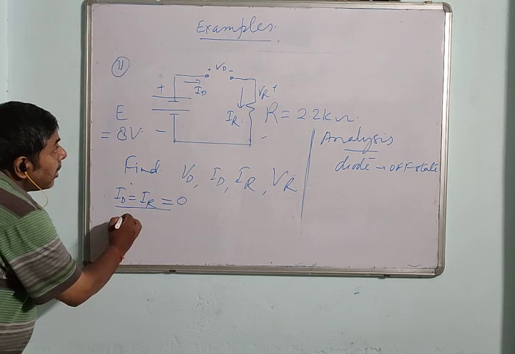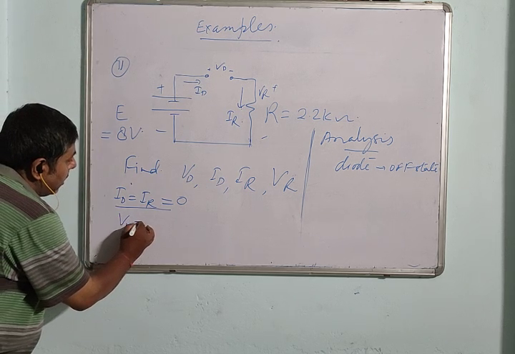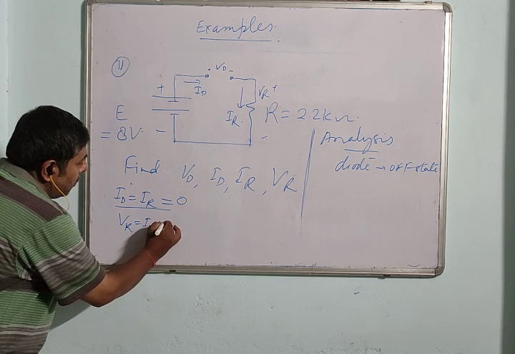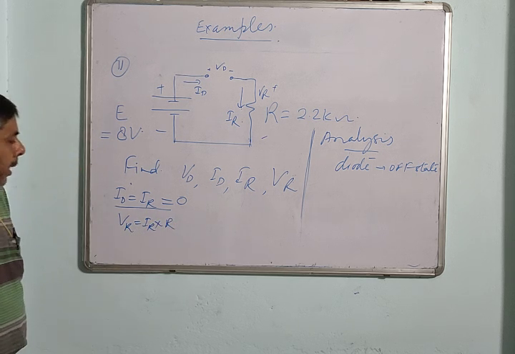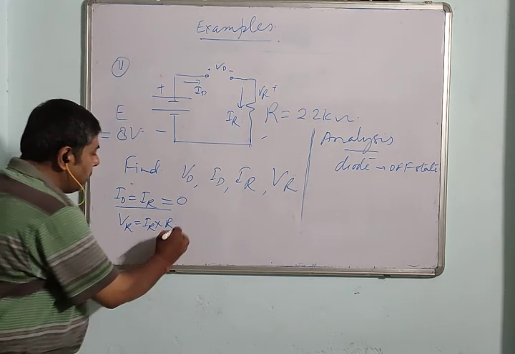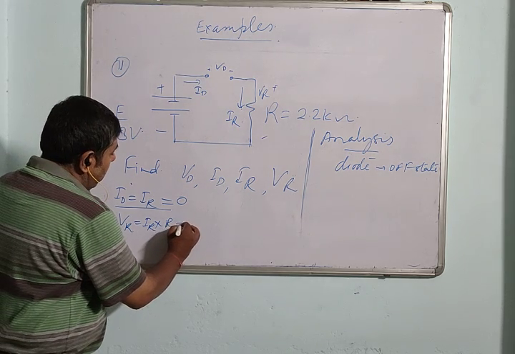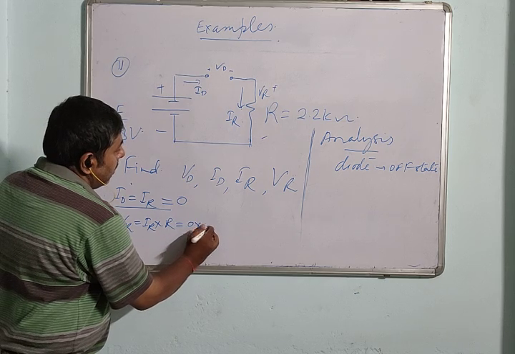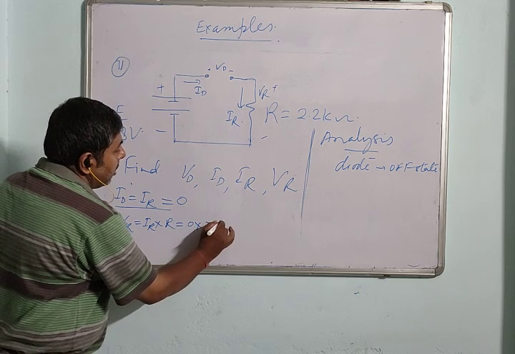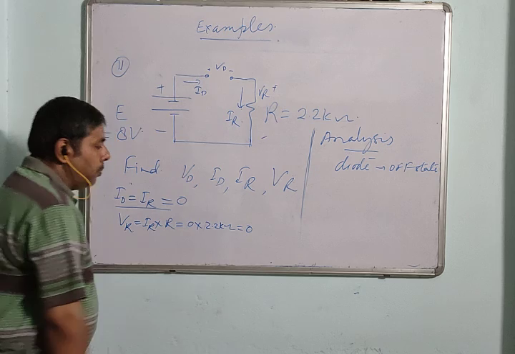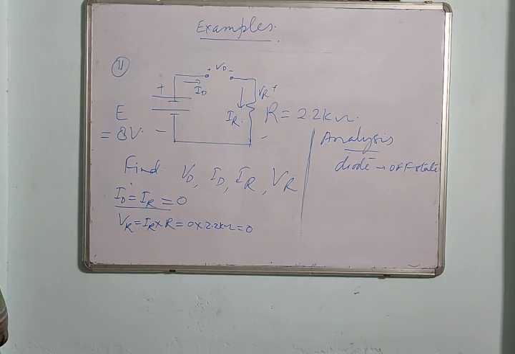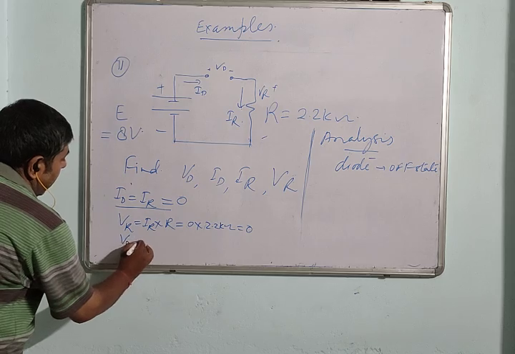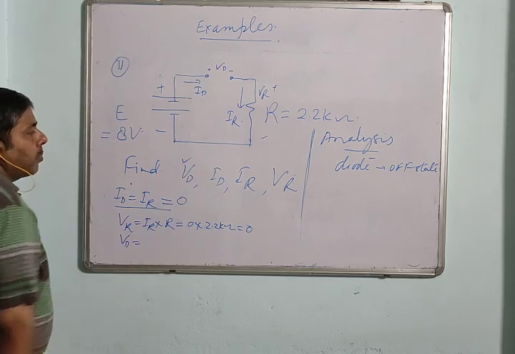When these two currents are zero, then what is this drop? This drop is IR, current into resistance, simply Ohm's law. So you will get, this is 0 into R, that is 2.2 kilo ohms, that is 0. So this drop is 0. Then what is next one is VD, this one.